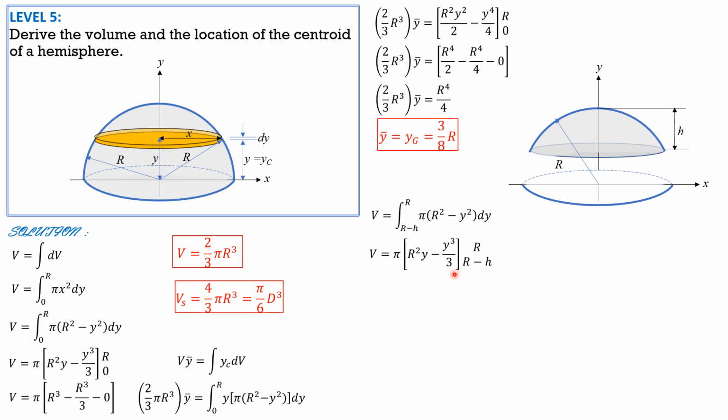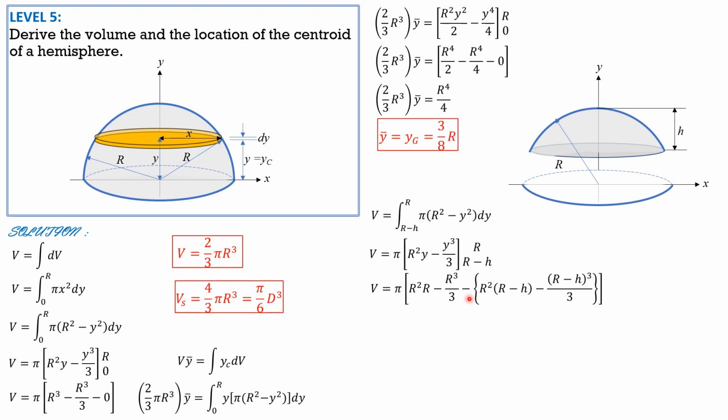The second term is y cubed over 3, from R minus h to R. So pi times the quantity R cubed, or R squared times R, minus R cubed over 3, minus the lower limit: R squared times R minus h, minus upper limit R. This is the integral of negative y cubed over 3, so negative of R minus h cubed over 3.